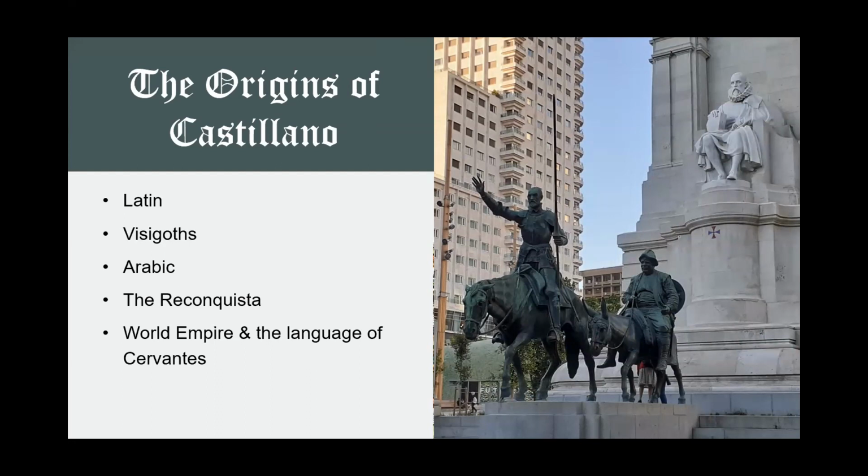And from Quechua, we get words like mate, which is like a tea, or pampa, which is like a field. It's also around this time that Castellano becomes the official language of Spain, and that Cervantes writes his famous novel, Don Quixote.